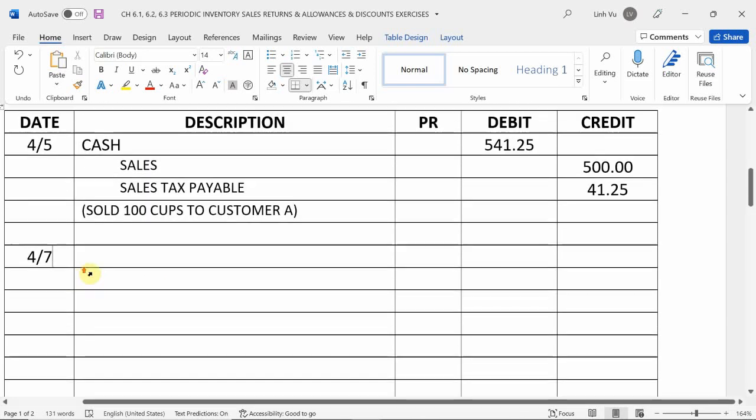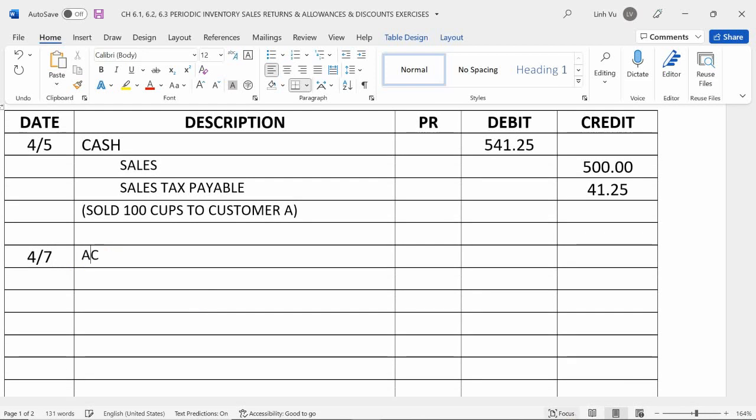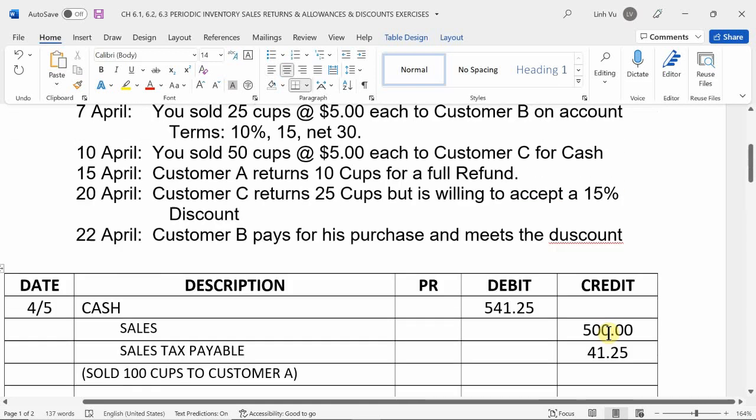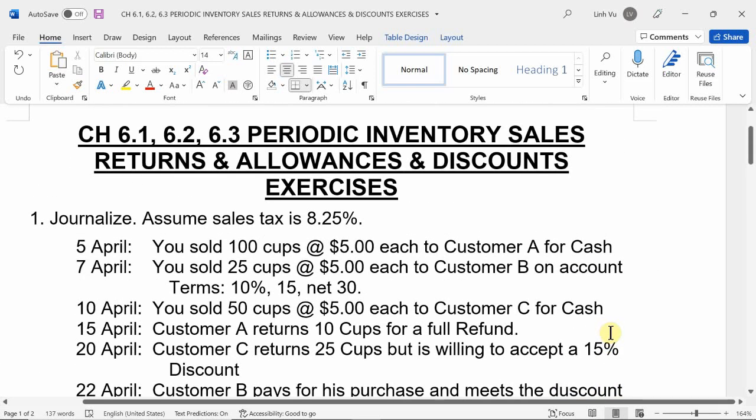Instead of cash, we have accounts receivable for debit. Okay. And then we have sales and sales tax payable for credit. Okay. So how much was the total sales if I sold 25 cups at $5 each?